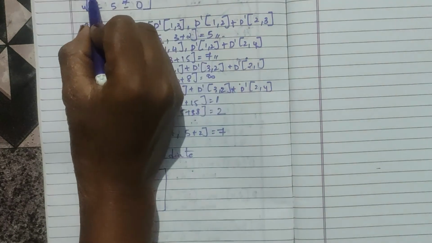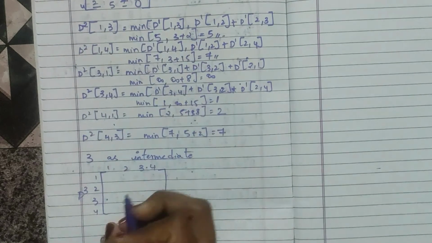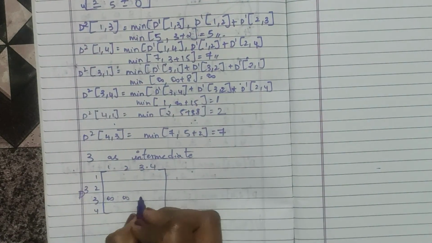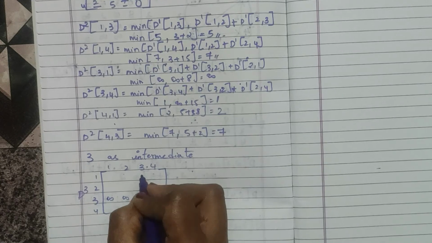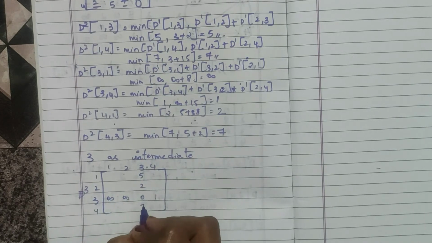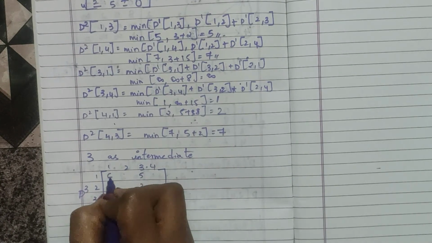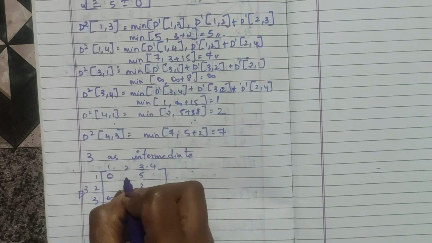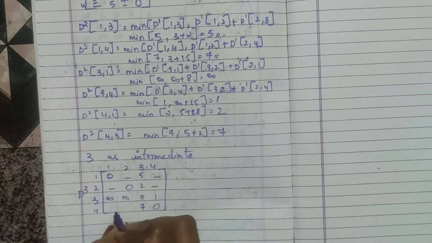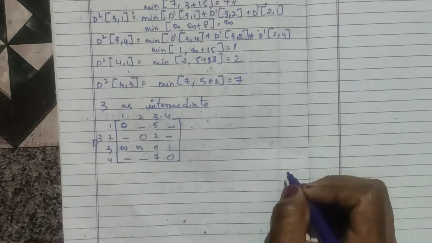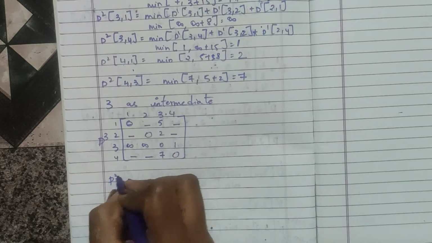So you have to take the third row and the third column value. So that is infinity, infinity, 0, 1, and you have 5, 2 and 7. Now you need to find out all the diagonals will be 0, and now you need to find out these values. So let's find out D3.